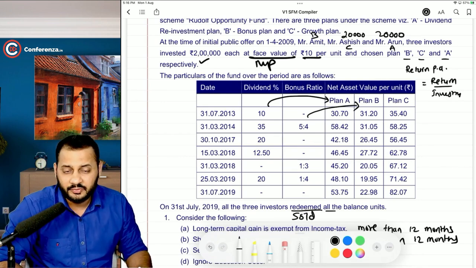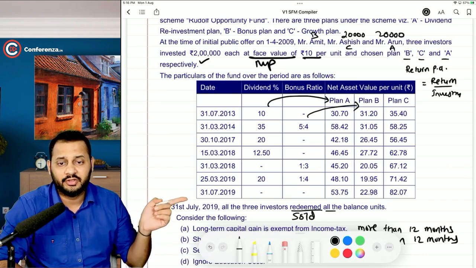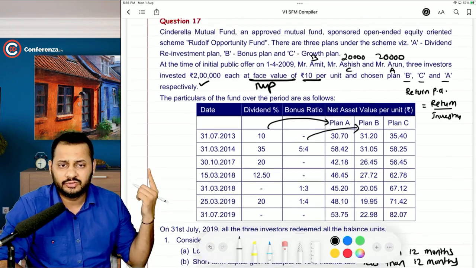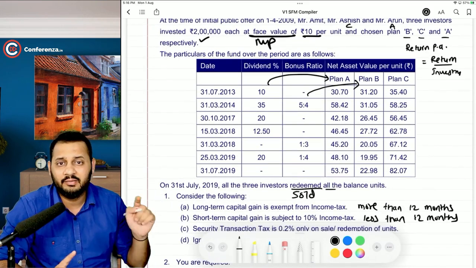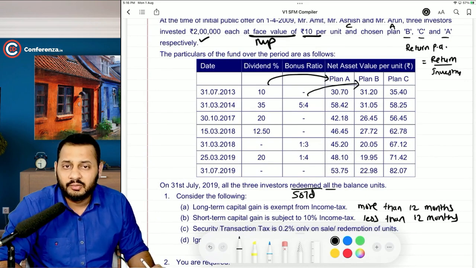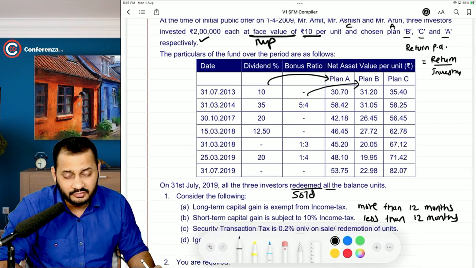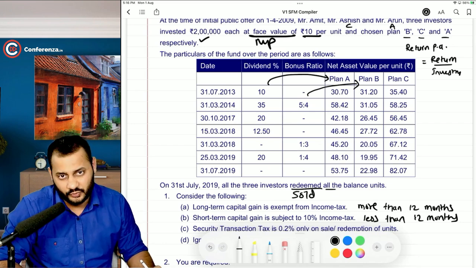But for the purpose of return, you will have to find out how many units of plan A you sold at 31st July 2019, of plan B also, and plan C the same 20,000, but plan A and B will have a different number of units than what has been invested. So we will have to find that out.